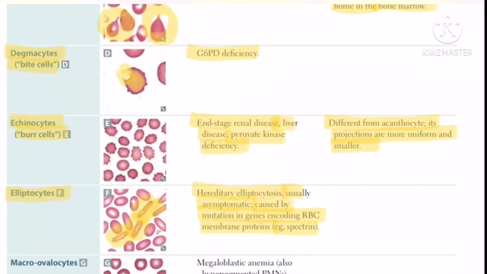Spectrin is a very important structural component of the RBCs that gives flexibility to the RBCs and maintains their structure. So once there is a genetic mutation leading to structural changes in spectrin, the RBC loses its original structure and changes into an ellipsoid shape. Because of that, we see elliptocytes.